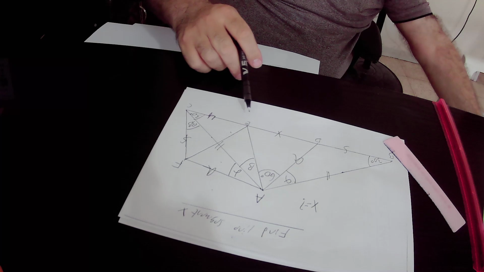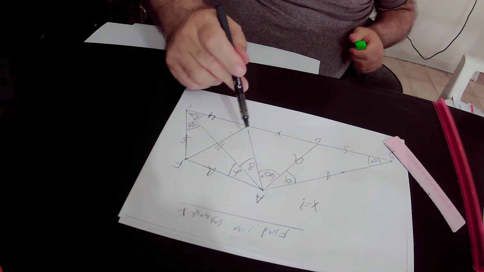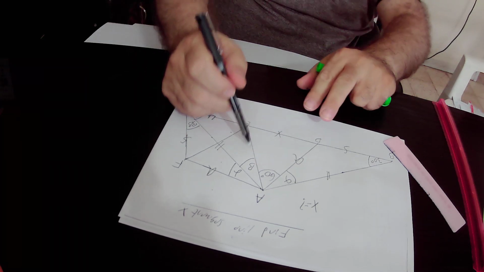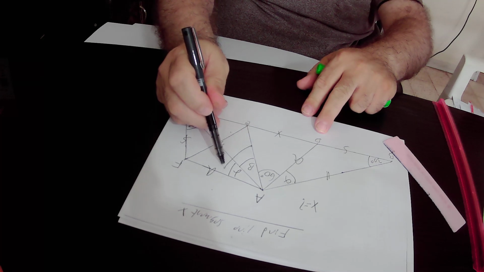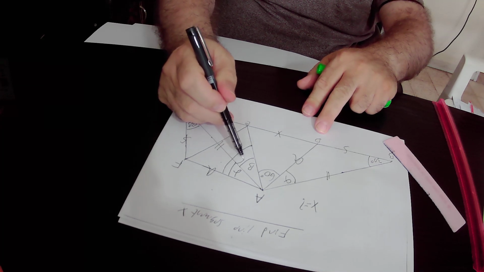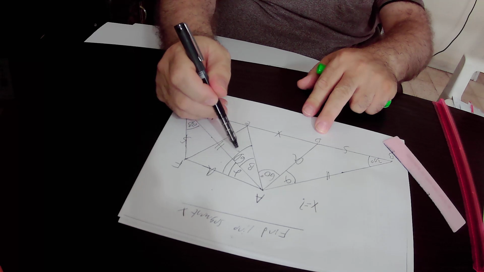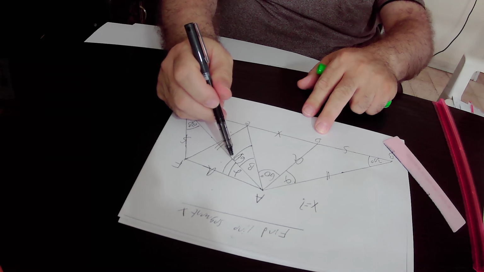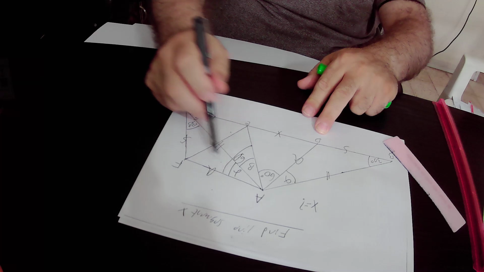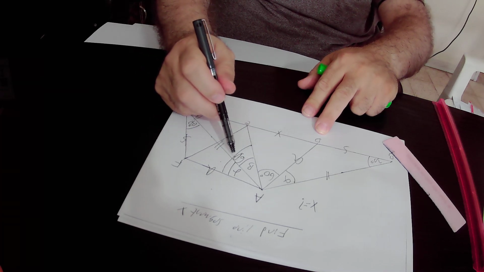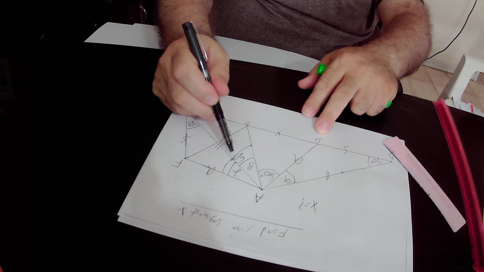So here angle EAF equals alpha plus beta, that is to say, it is equal to 60 degrees.